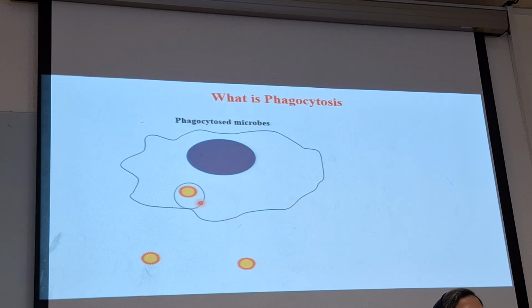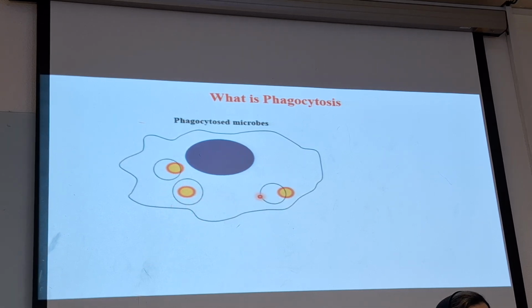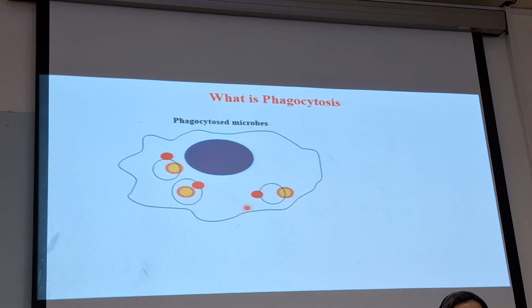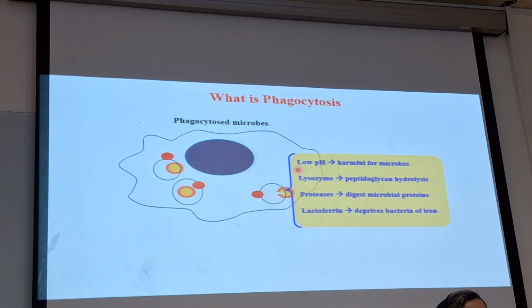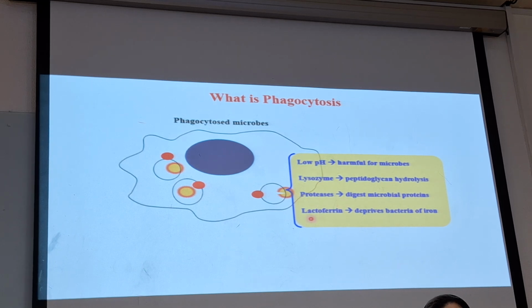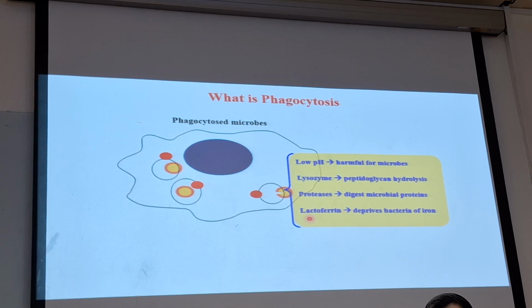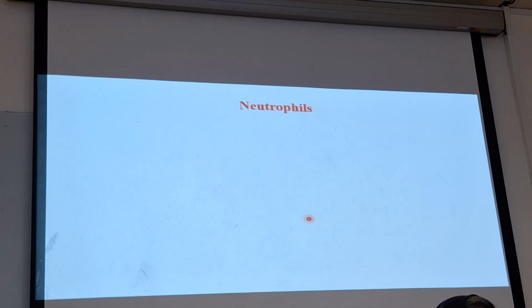These pathogens enter the cytosol of phagocytic cells as a phagosome and merge with a lysosome to form a phagolysosome. After that, because of low pH, lysosomal proteases, lactoferrin, and other degrading enzymes lead to processing, degradation, and killing of the pathogens.